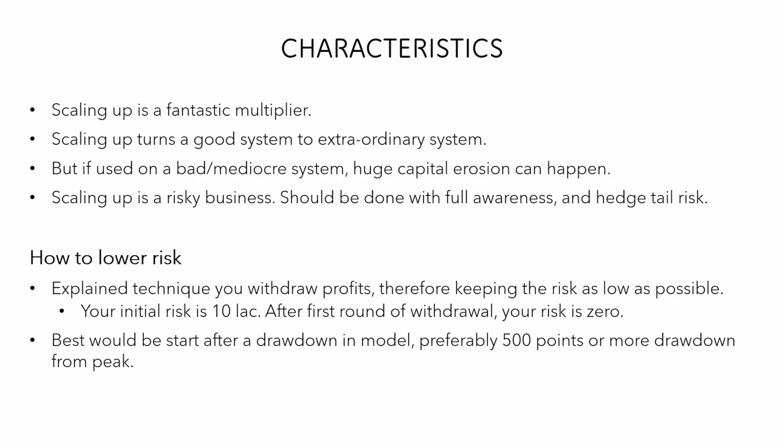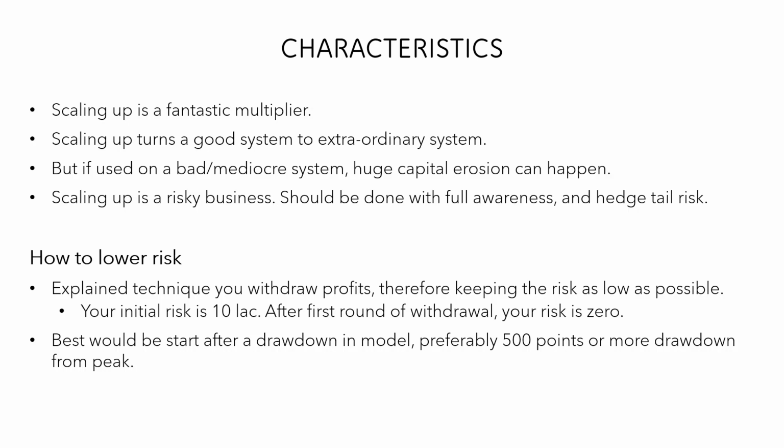Since it is a risky model, it has a fantastic multiplier factor, but it also has low risk or drawdown capacity because we are reducing the position size as well.